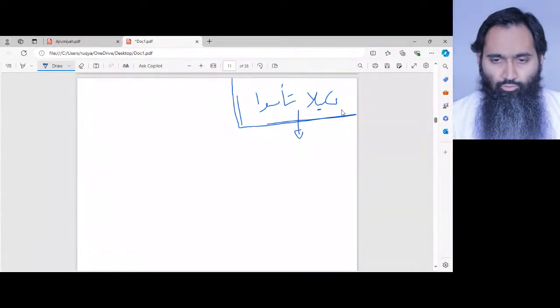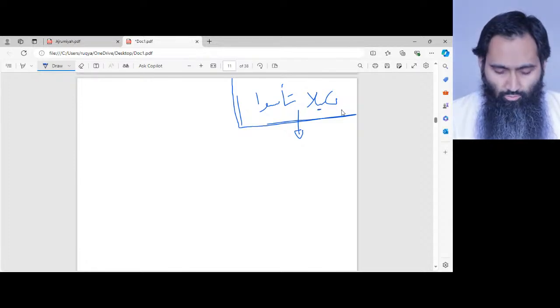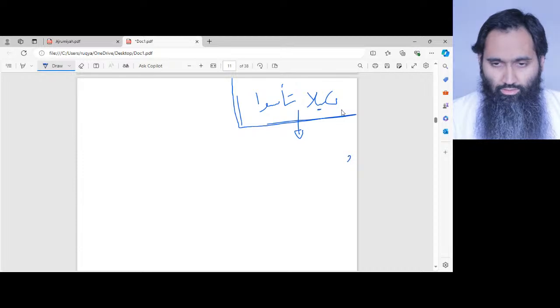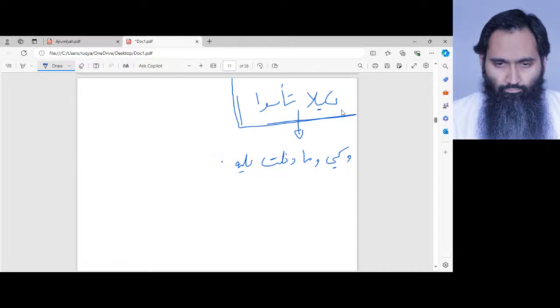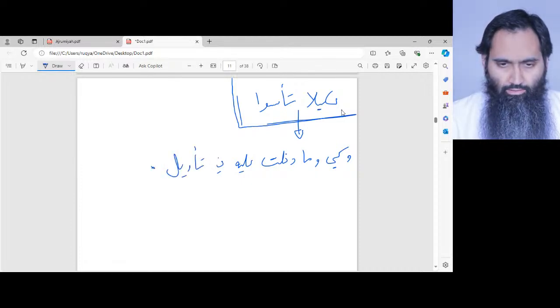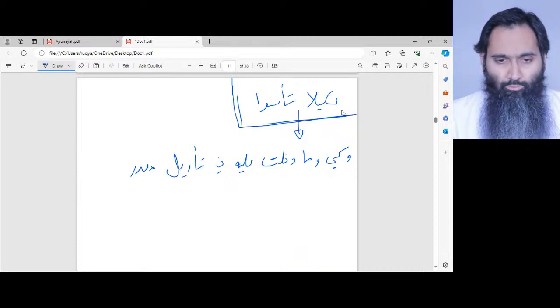Now, I don't want the full i'rab because I believe last week we did the i'rab. I want the last bit only, which is what? وَمَا دَخَلَتْ عَلَيْهِ في تأويل مصدر. Okay, now I want somebody to complete.